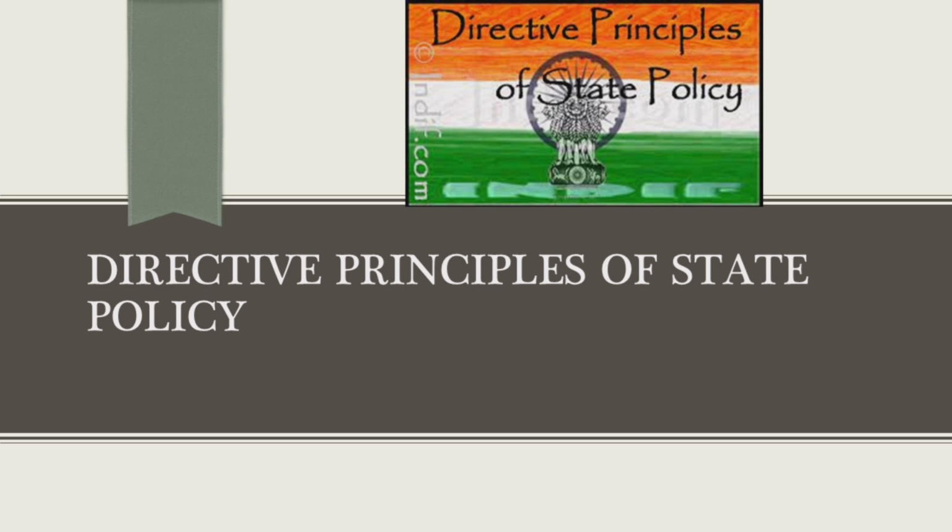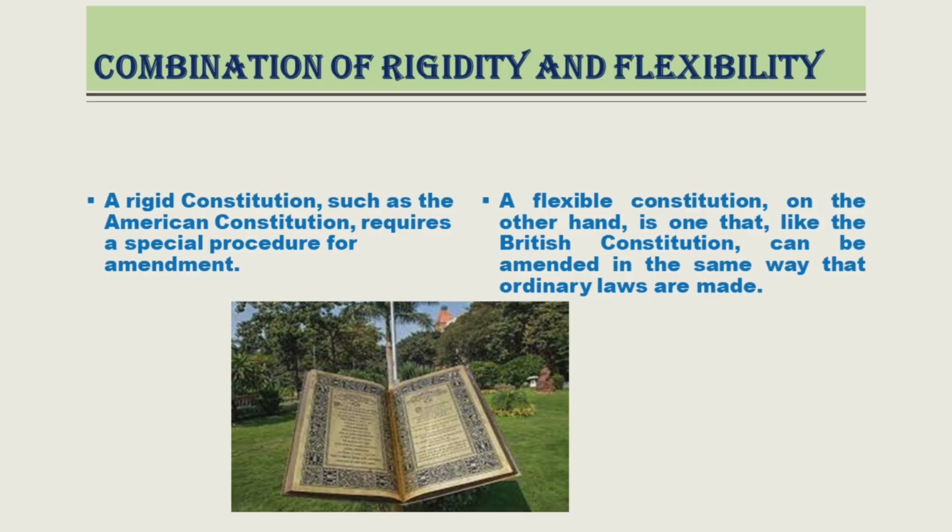Directive principles of state policy are guidelines or principles included in the Indian Constitution that provide a framework for the government to establish social and economic conditions that promote the welfare of the people. These principles are not legally enforceable but serve as a guide.